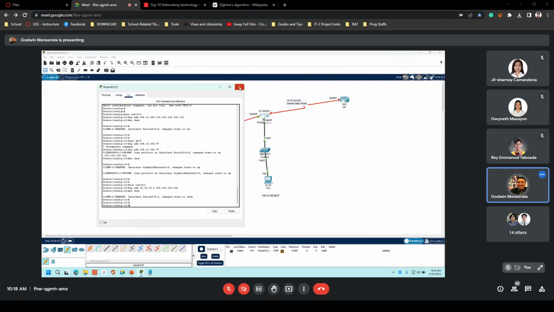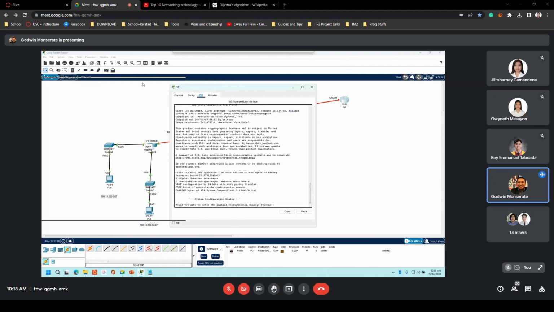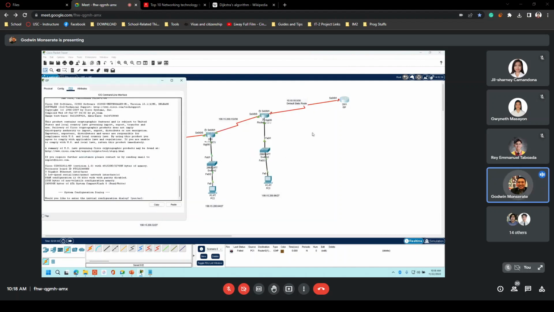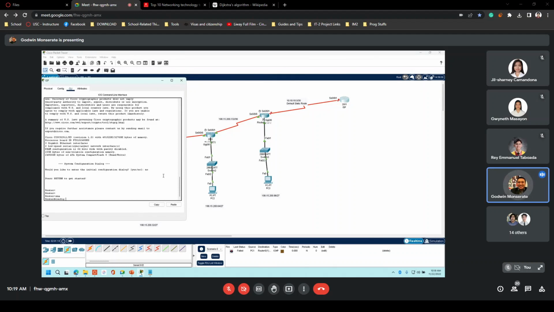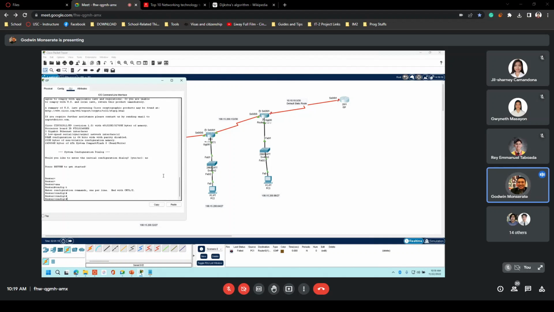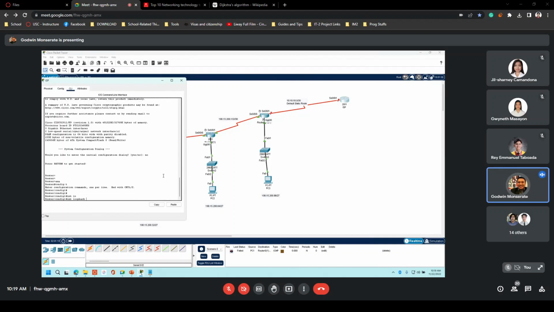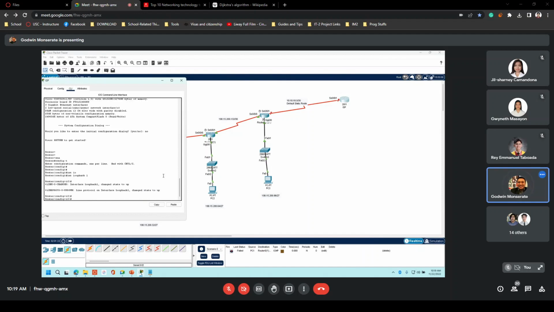Then the other one, there is a PC. I will create a LAN here, but that LAN is not existing, logically speaking. So for testing purposes, I will give you this command: config, interface loopback 1. I created a loopback address.